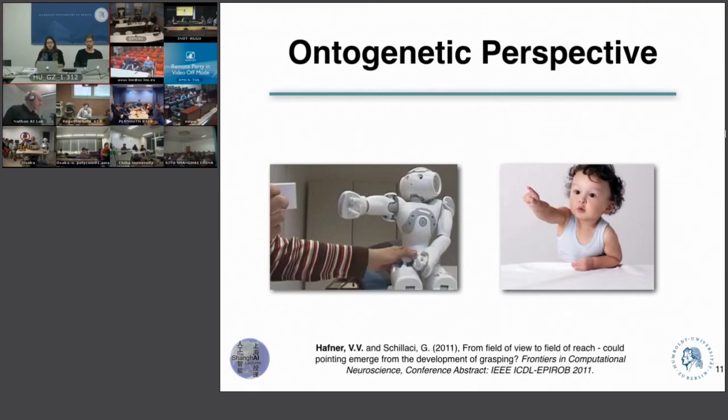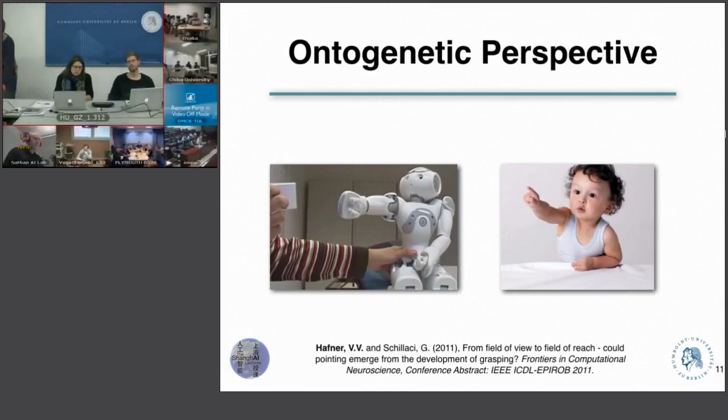These skills develop, they're not only learned, but the whole morphology of the agent is changed. For example, the infants are growing.